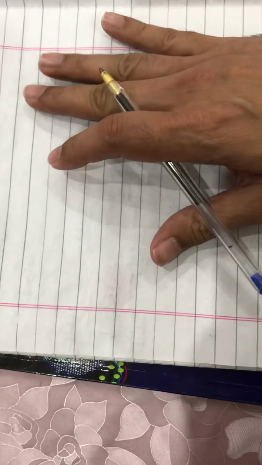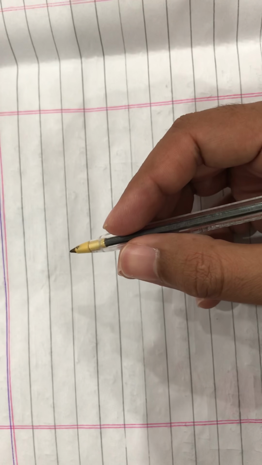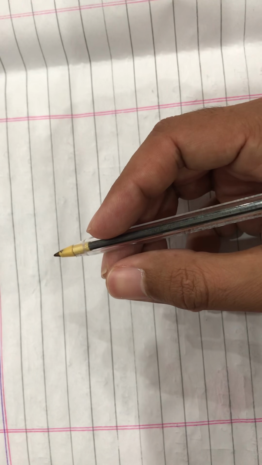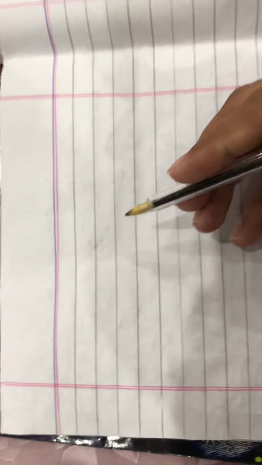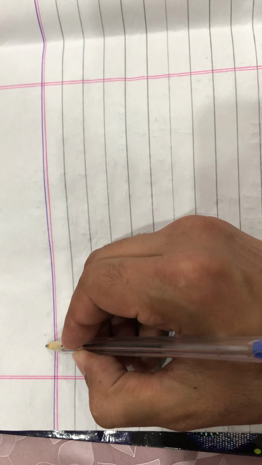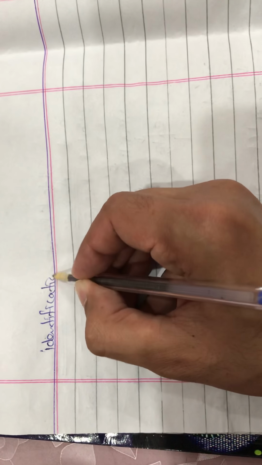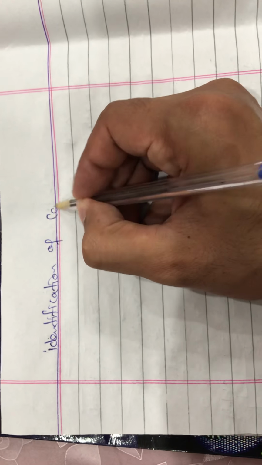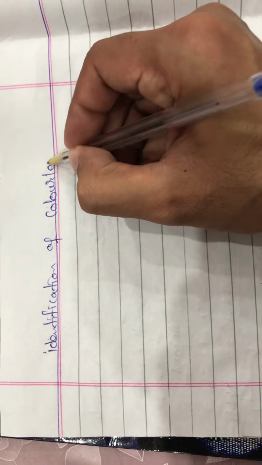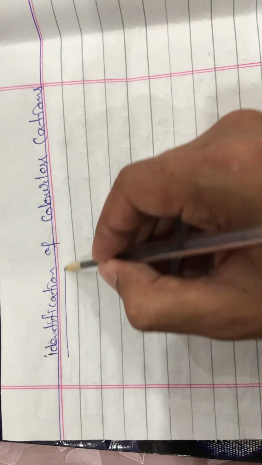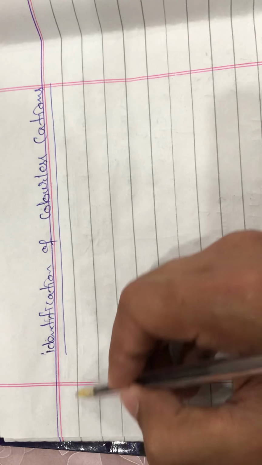Now we will proceed further in order to check what kind of results and what kind of precipitates will form for these cations. So starting with the colorless cations, identification of colorless cations. I am forming a table.